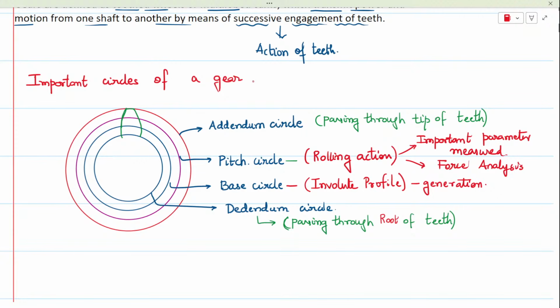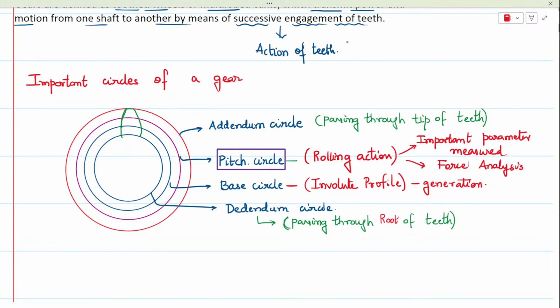Remember that the pitch circle is the only one where you find more discussion. This will be the more frequently used circle, or this term will be more frequently used. Other than that, addendum and base circle are the important ones.